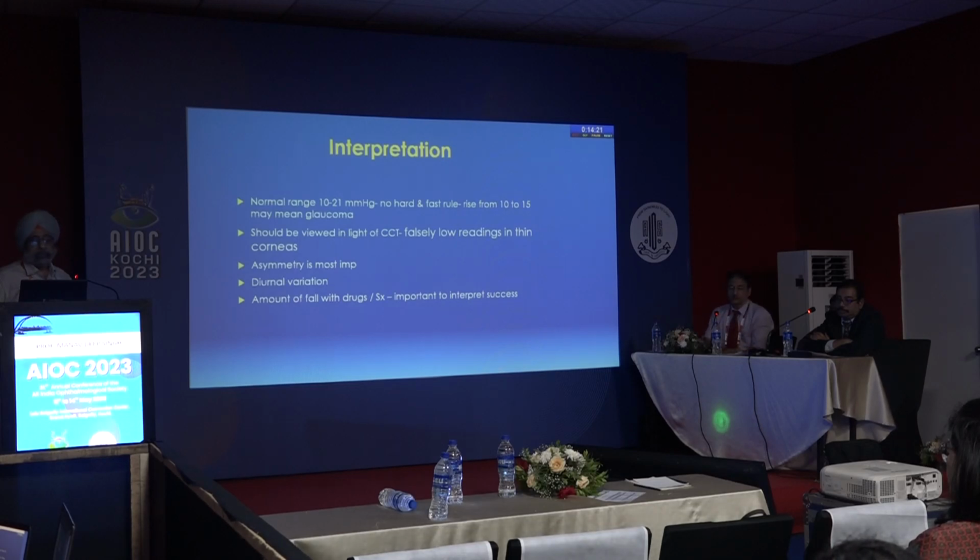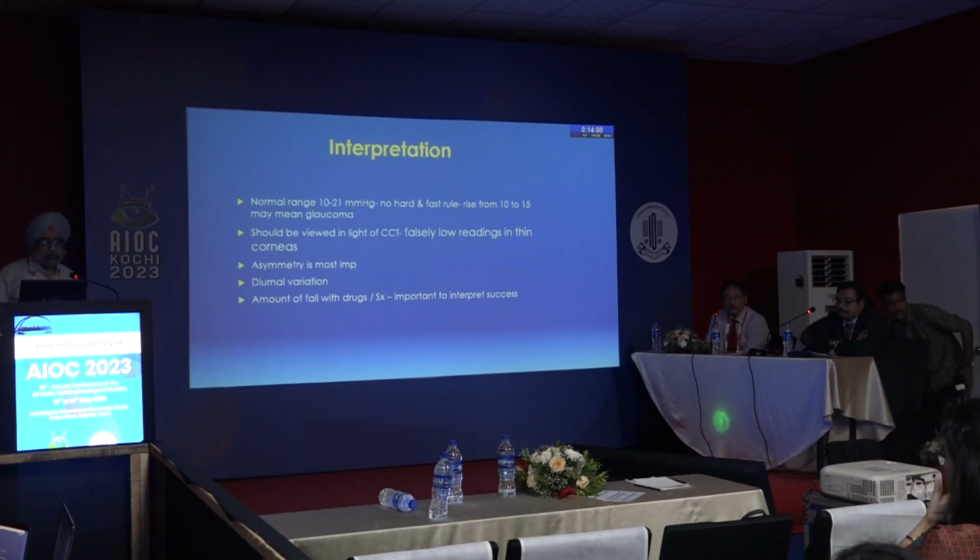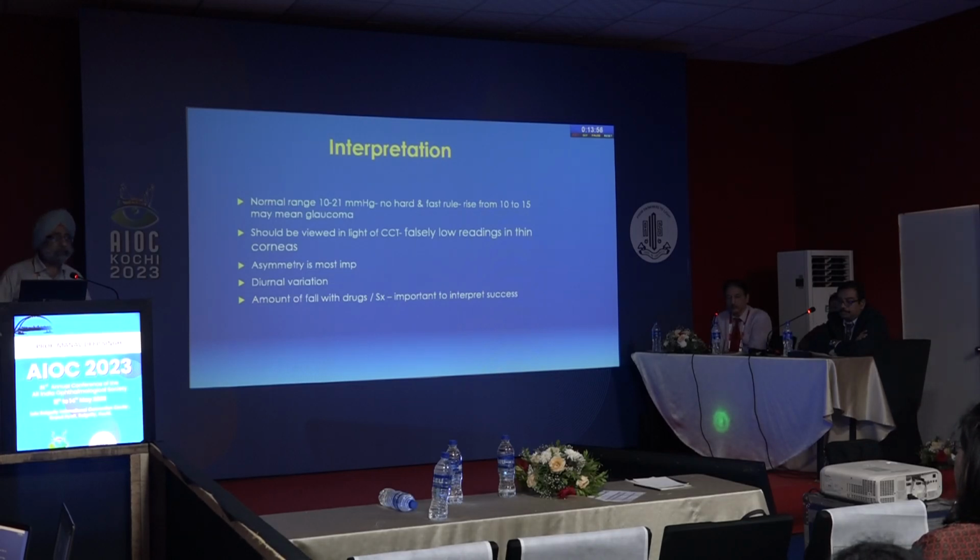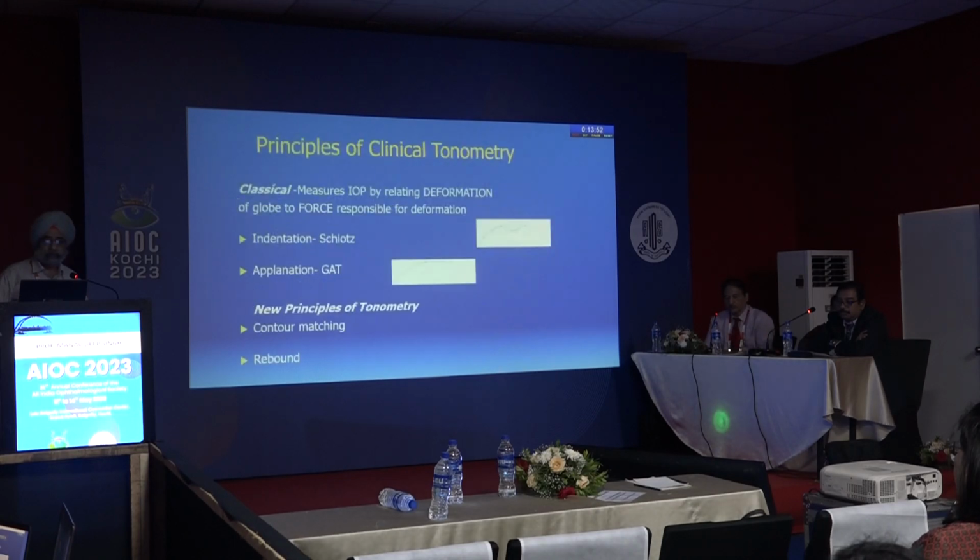It should be viewed in the light of central corneal thickness because falsely low readings are seen in thin corneas. Asymmetry is most important. One eye has 12, other eye has 16. Both are in the normal range, but 16 possibly may have glaucoma. Diurnal variation again can be an initial sign of glaucoma. Amount of fall with drugs is another importance. We must know whether it falls with the treatment, whether the treatment is effective or not.